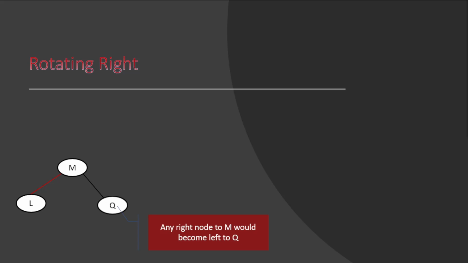But what we do know is that everything to the right of M is less than Q, so I can make the left of Q everything that was to the right of M. So M's right becomes Q's left, and M used to be Q's left, so all we have to do is return M back to the caller, trickle that back up the tree, and whoever used to be pointing to Q now points to M. But notice our tree just got shorter.